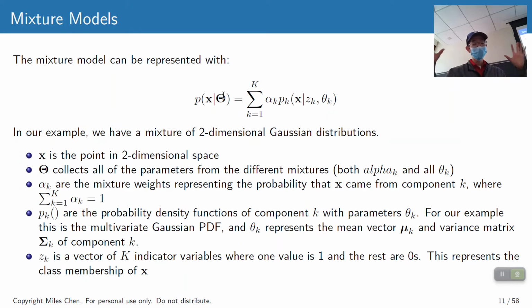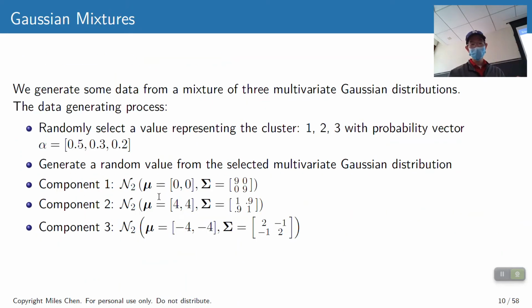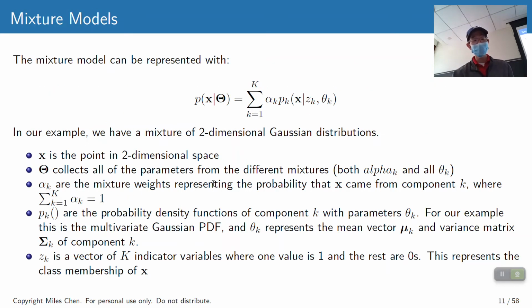So theta gathers all of those things, and this includes the mixture weights, which are 0.5, 0.3, 0.2. That's unknown to us though. The key is that the mixture weights sum to 1. Then we have the PDF, in this case the multivariate normal PDF. You do have to make some assumptions about your data, you have to assume what distribution it's coming from. In our case, we say it's the multivariate Gaussian PDF.